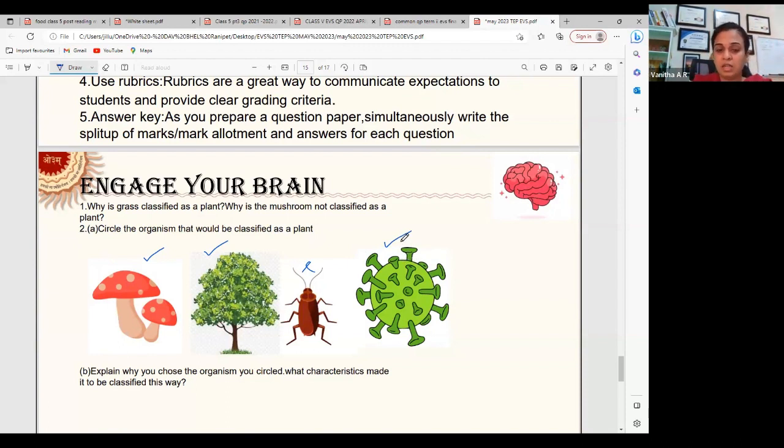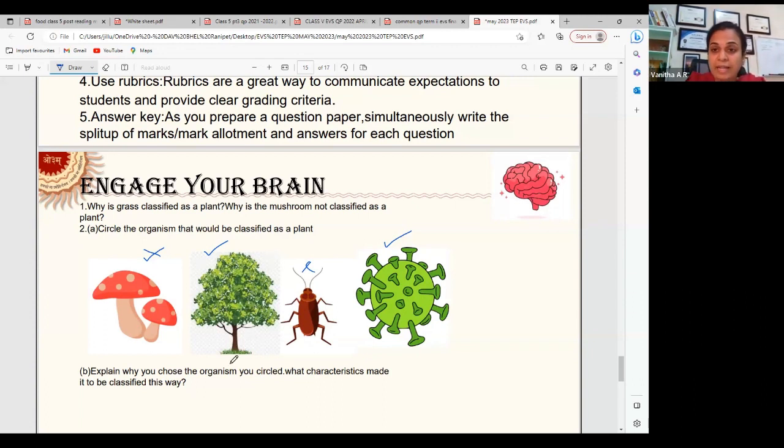But later, when you get the answer script, if any child has written so, maybe you take the extra time to call the child and tell them, no, this is a virus. Or when we discuss the answer key, though the color picture is given, it is a virus, it represents coronavirus. And this is a mushroom, definitely it can't be, because it is non-green, it cannot synthesize its own food. And the right answer is this one.